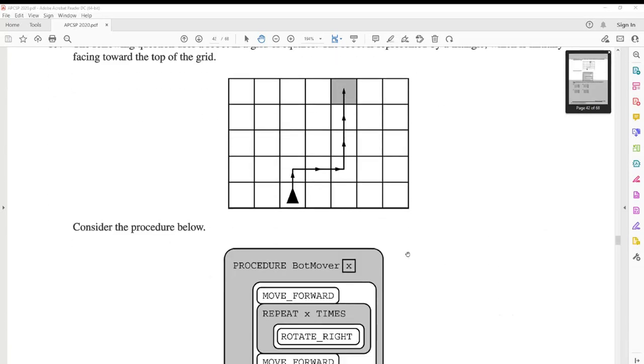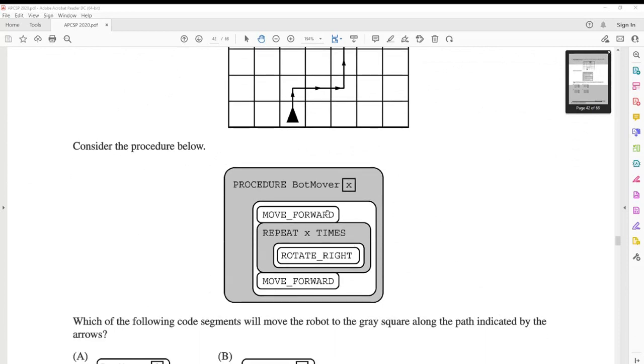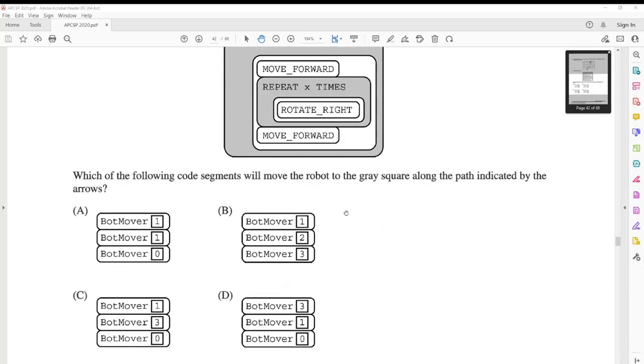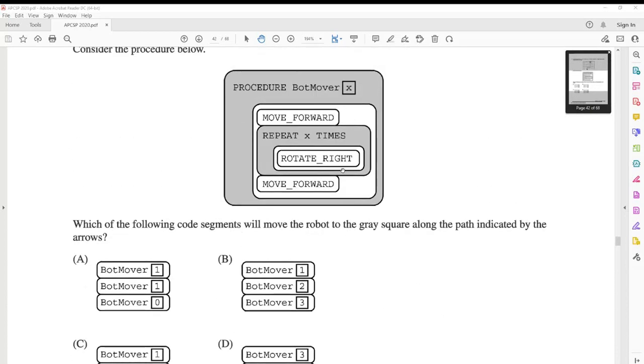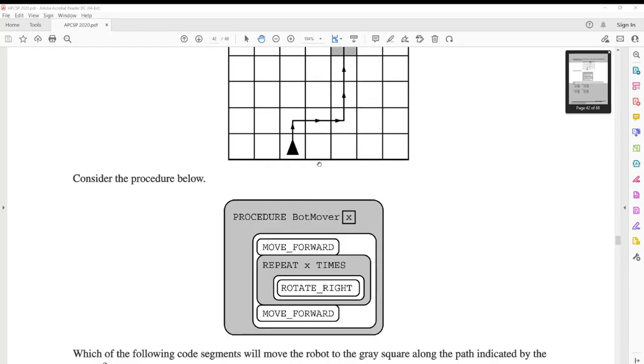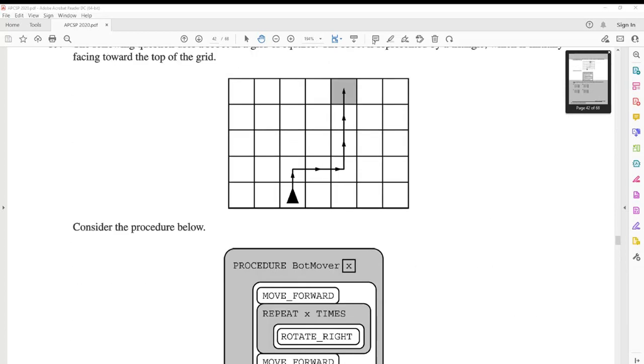39 is a turtle problem again, okay? So there's an algorithm, but move X, so there's something X times. So you can assign the X. Let's assume that X is a variable. So before that and after that, you'll move forward and then rotate right for something. So let's assume we get started from here.